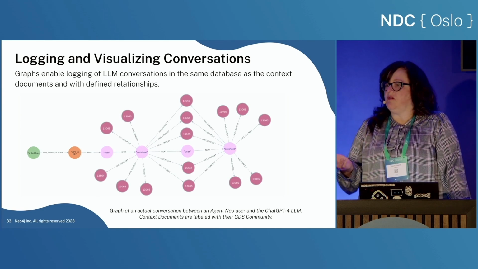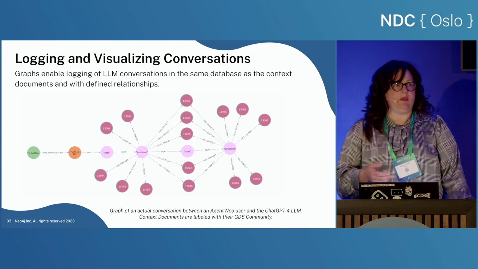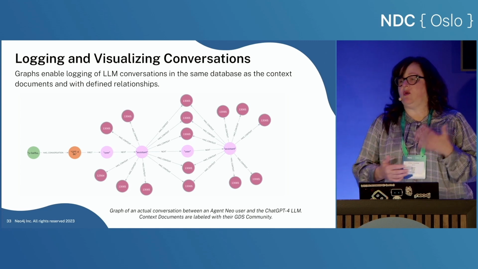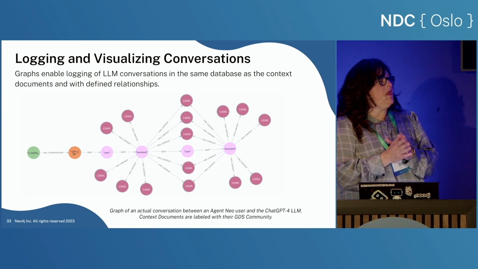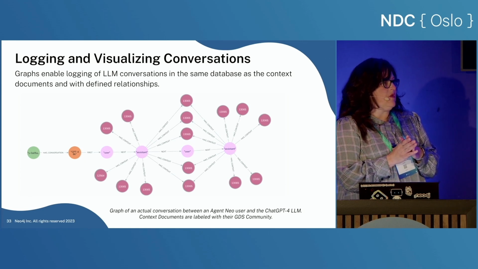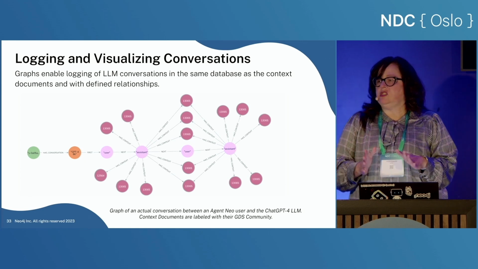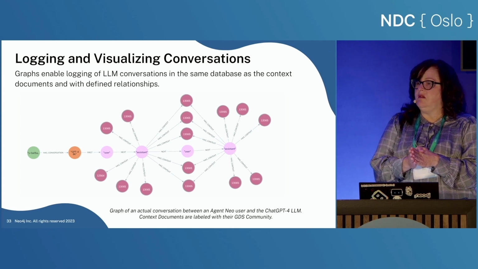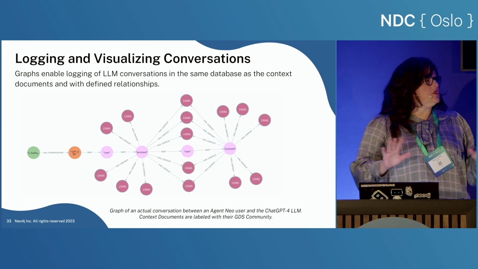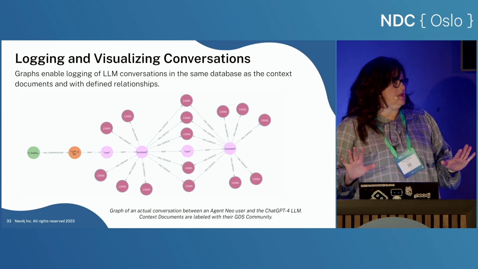So just like you have a conversation with ChatGPT, you put something in, you get an answer, you want to refine. And so then the last one that we see is the follow-up to that second input from the user. And what I want you to note is that some of those documents, those ones that are vertical in the middle, are part of the answer for both of those responses.